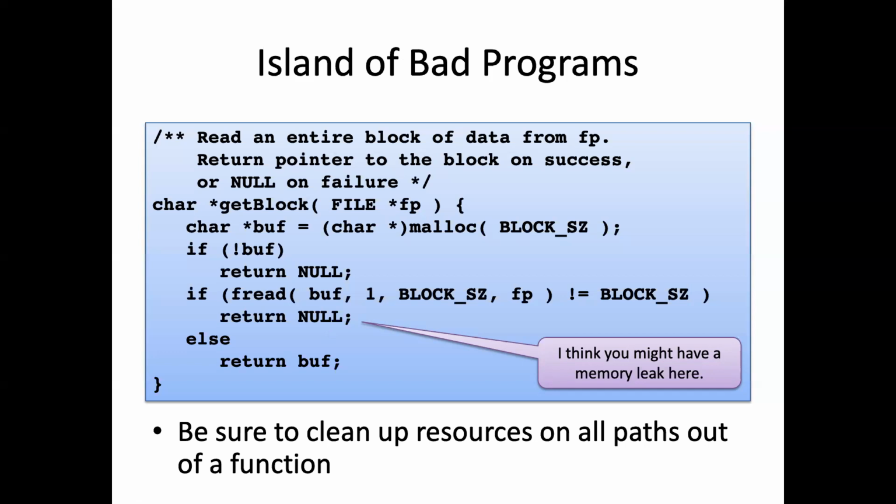Here there's a path where we return without freeing that block of memory and we don't give it to anyone else. We don't return it, so no one's going to be able to free it. So this is definitely going to be a memory leak.